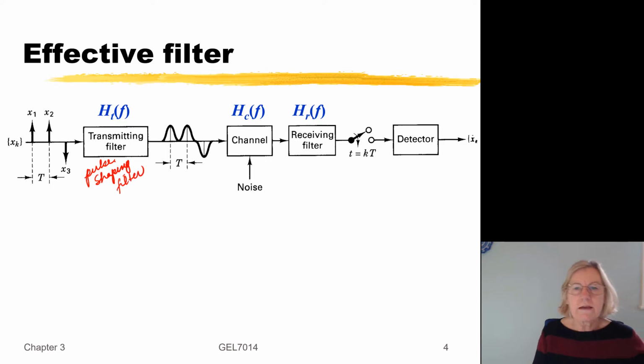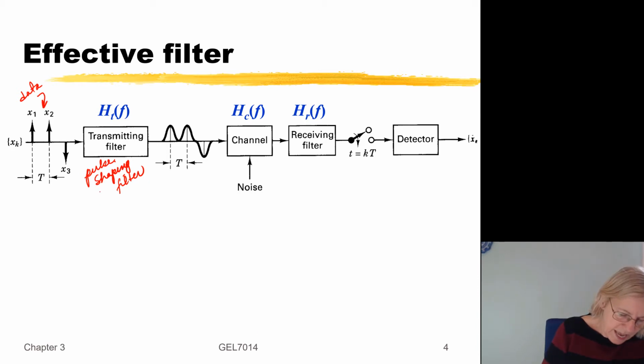And we model at the input to this pulse shaping filter some impulses. So this is the data here. For instance, this could be binary data with logical ones, two logical ones followed by logical 0. And the impulse response of the transmitting filter will give the shape of the signal.